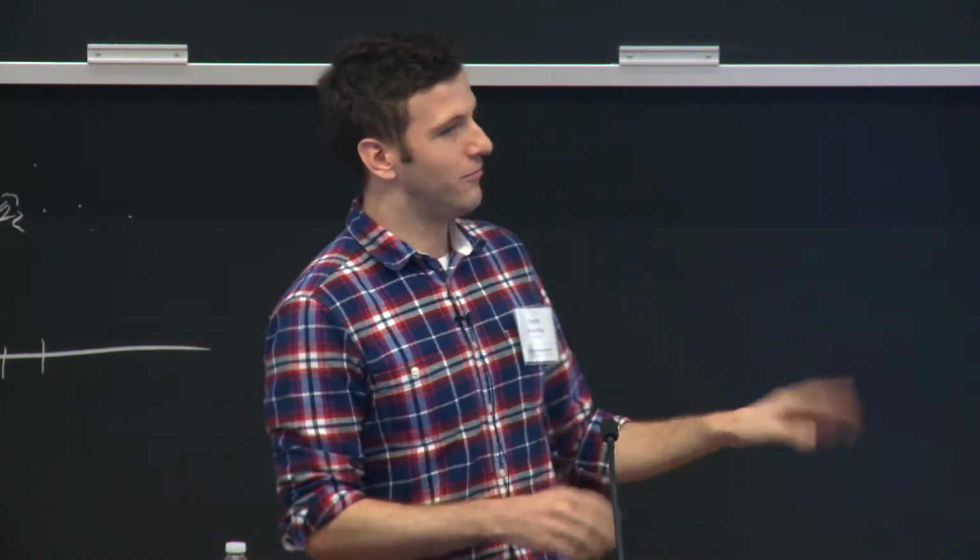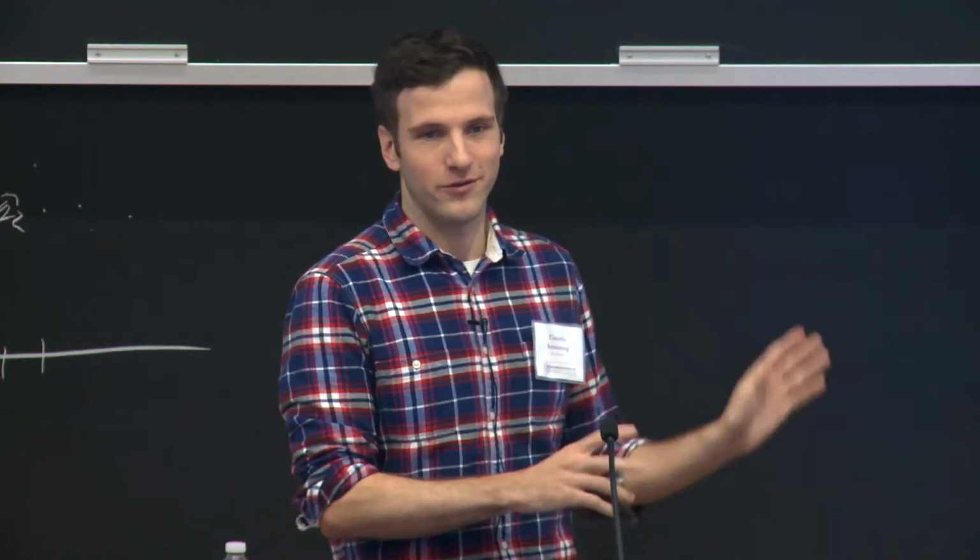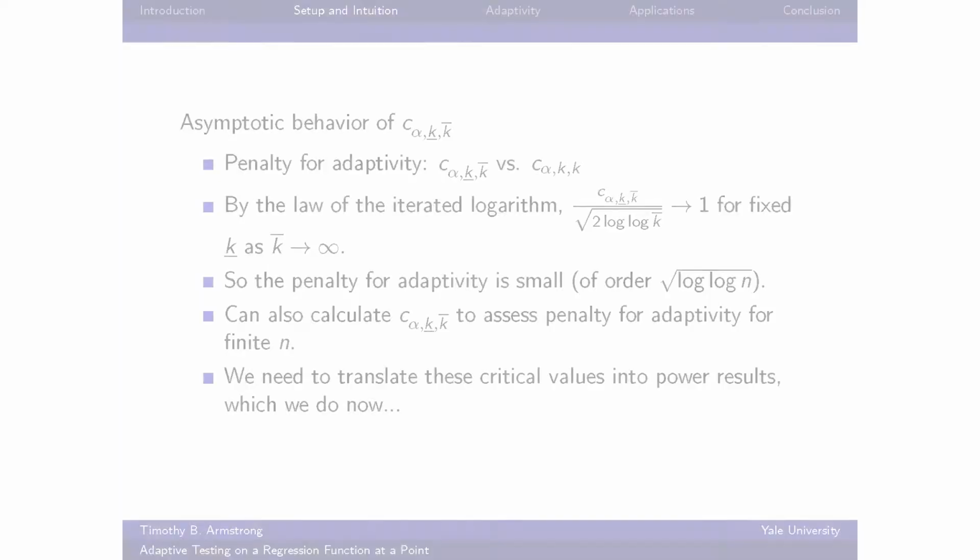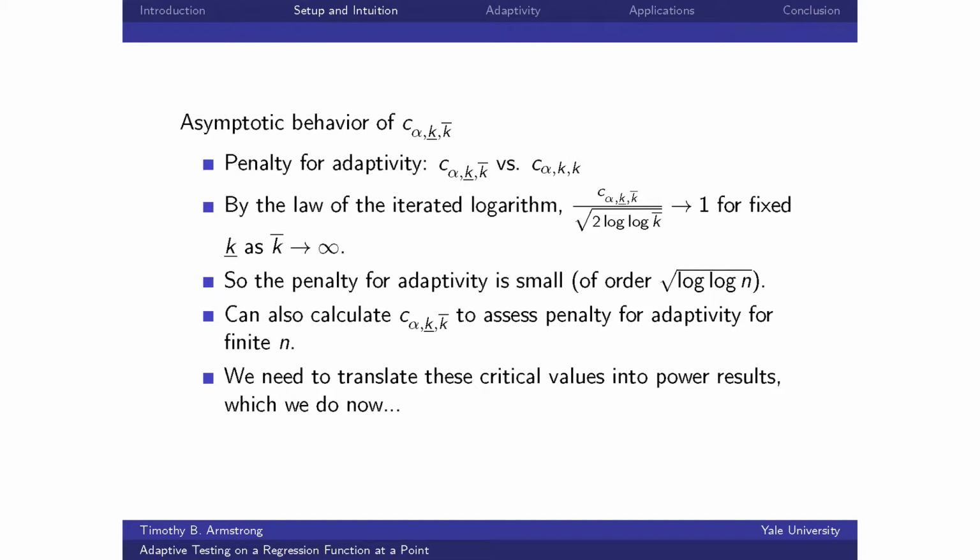Intuitively, there's a bias-variance trade-off in the power calculation that comes from that. But intuitively, it comes from the penalty for adaptivity, right? If we knew the optimal k for our k nearest neighbor kernel, then we would just do the version of this where k lower bar equals k upper bar equals that k, and that would give us a smaller critical value.